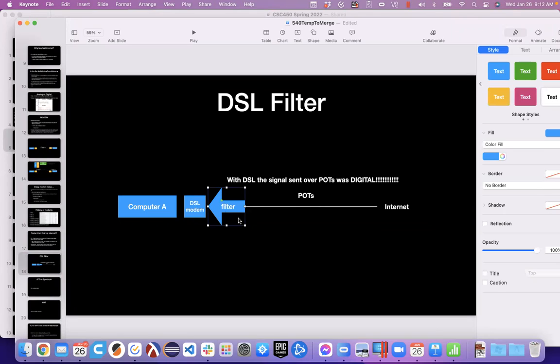And this filter, we only put that filter before our DSL modem.